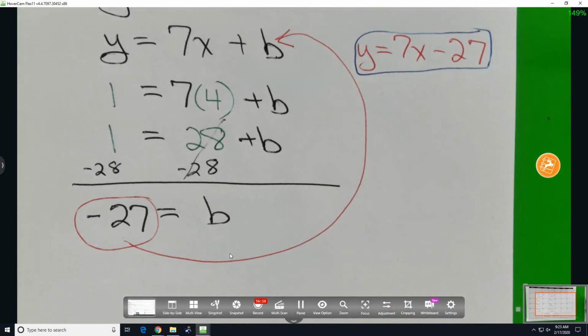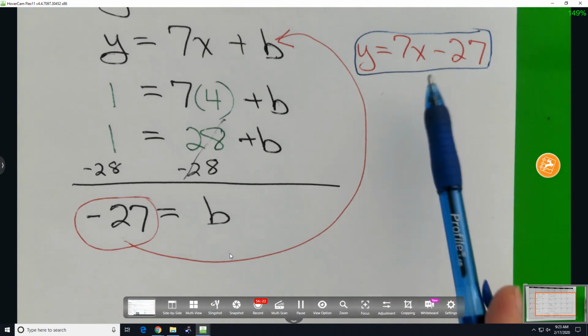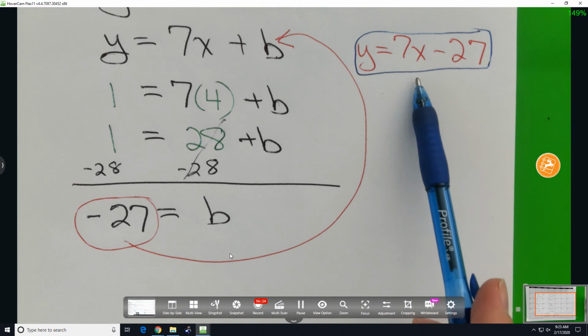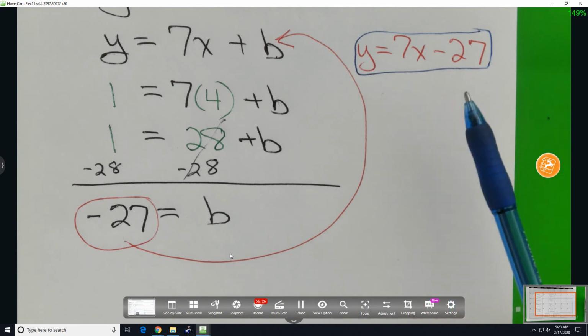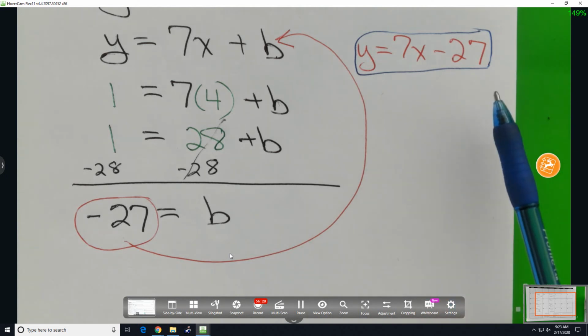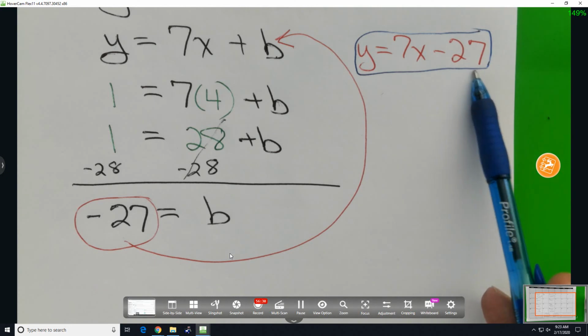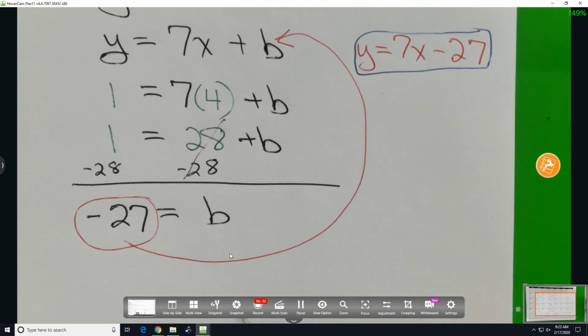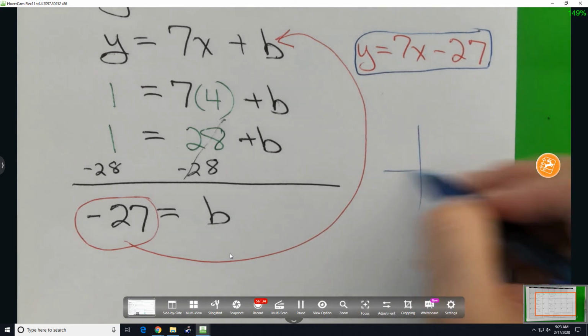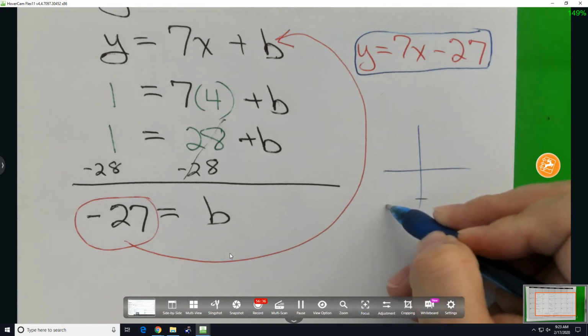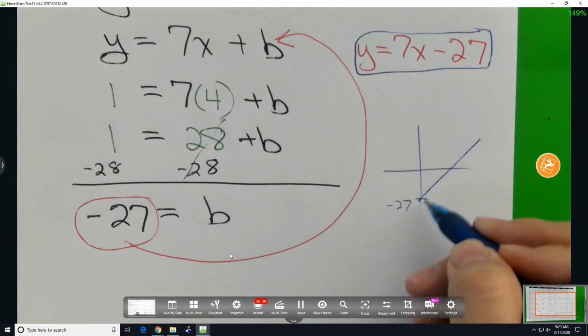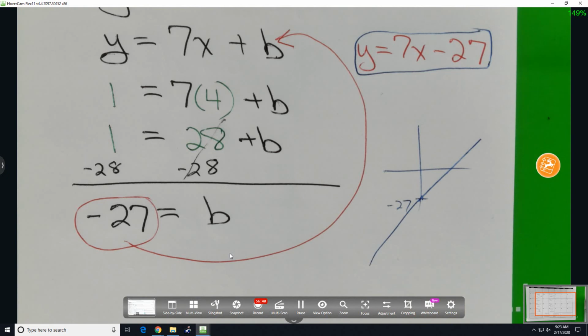I have a question for you. If you drew the graph of this line, at what number would the graph pass through the y-axis? At negative 27. How do you know it's slanting upward instead of downward? Because of a positive slope.